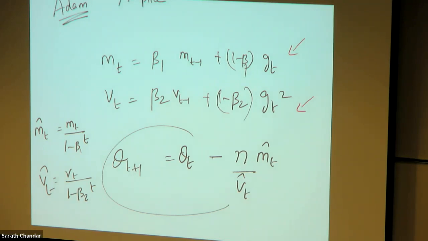But my general advice is don't take Adam for granted. There are a lot of problems where it is possible to get better performance with just good old SGD with momentum. There is no clear winner, even though it looks like Adam is the clear winner.